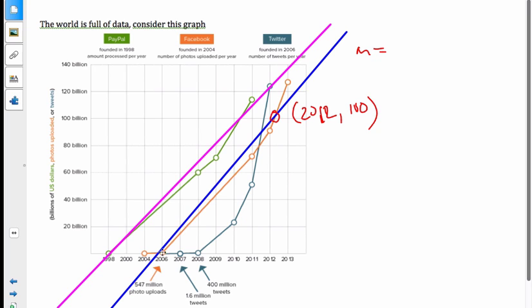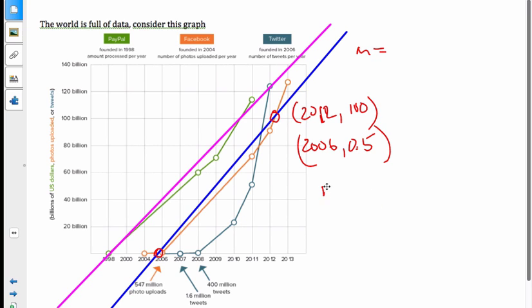And down here, it hits at, let's say, 0. Oh no, well, we've got a number there, right? We do. So 2006, and what's that? That's going to be 0.5 billion. Yeah, 0.5 billion.